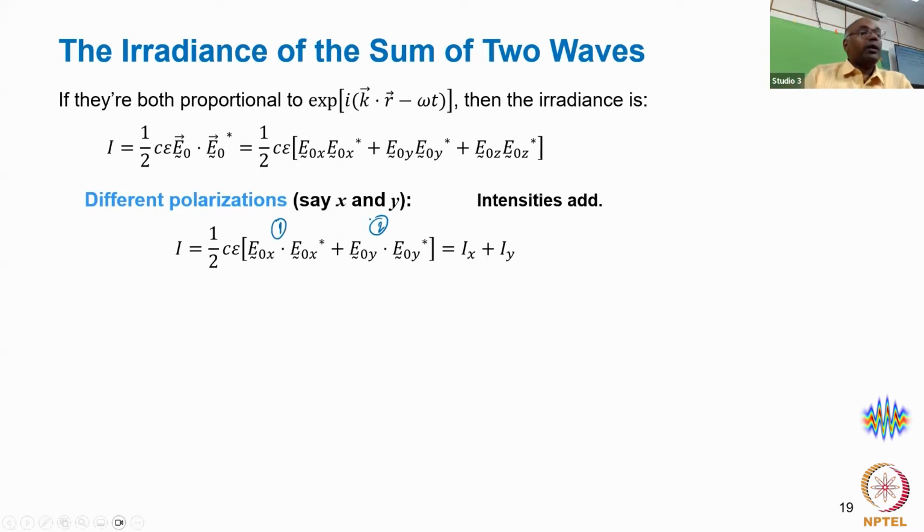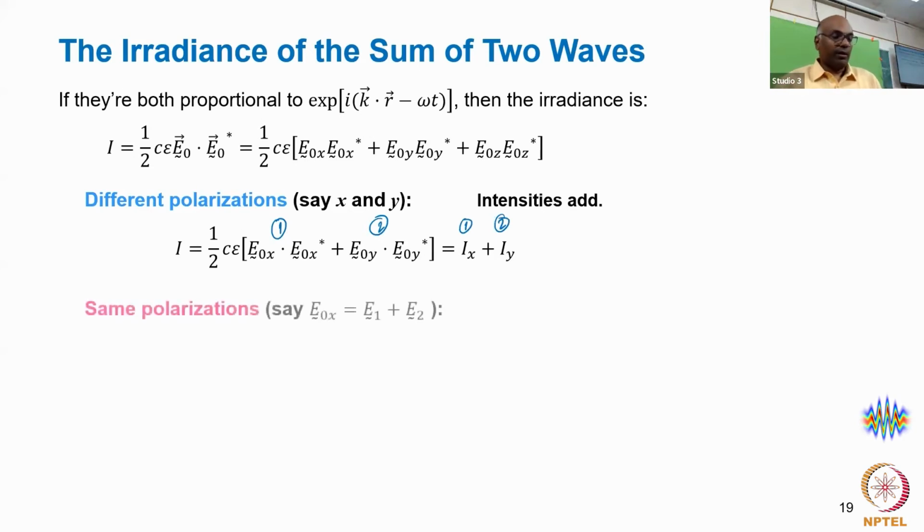Now, it turns out that if the waves have two different polarizations, then the irradiance or intensity of the summed up wave in the region of overlap essentially is the total irradiance is the sum of the two individual irradiances. Nothing interesting seems to be happening here, okay?